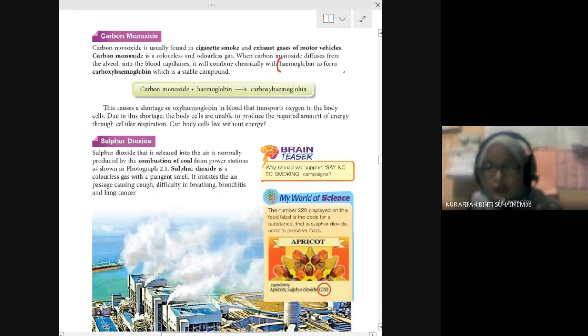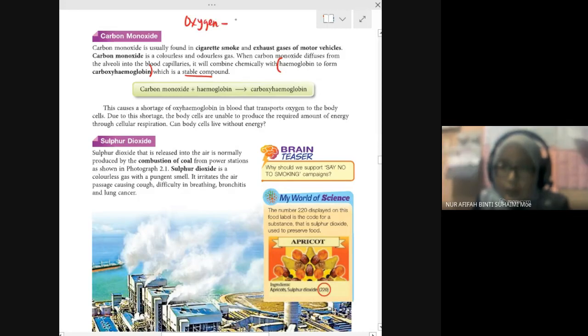Then it will form carboxyhemoglobin, which is a stable compound. It means that once you inhale carbon monoxide, it enters your lungs, the hemoglobin will combine with carbon monoxide and become carboxyhemoglobin that cannot be separated again.